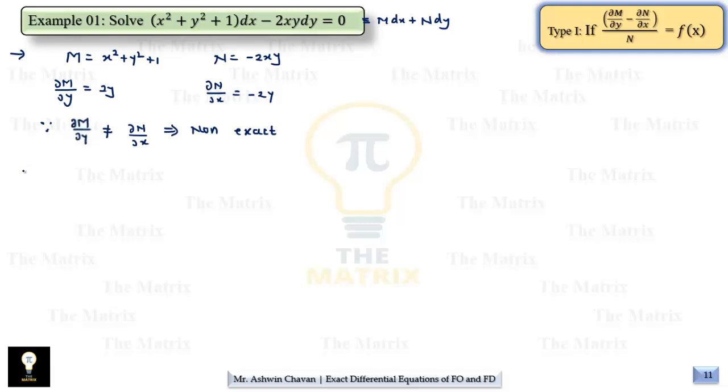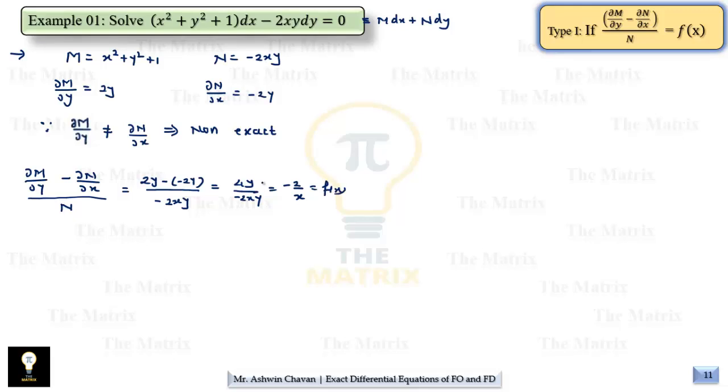So with this observation, we divide by N, which is minus 2xy. So this is 4y upon minus 2xy, which is minus 2 by x, a pure function of x. 2y is cancelled throughout. So we got a pure function of x, and that's what we wanted.